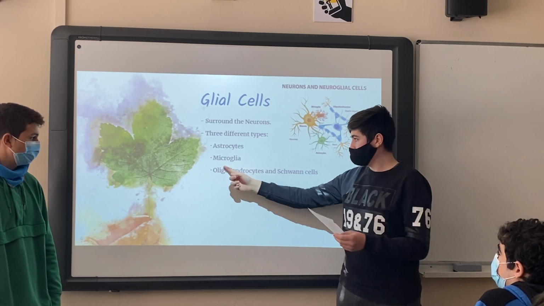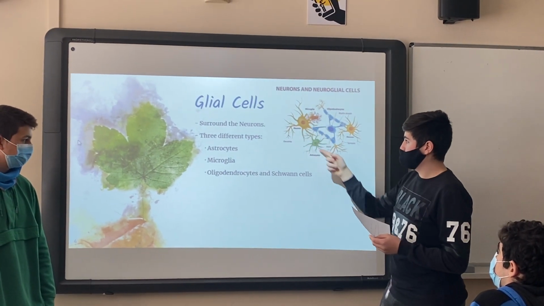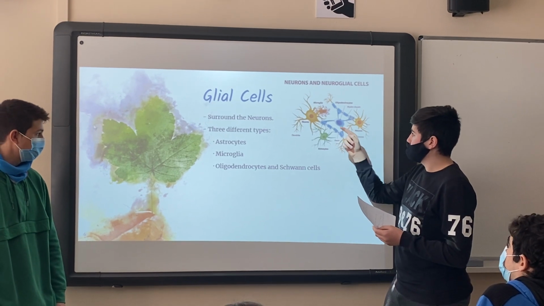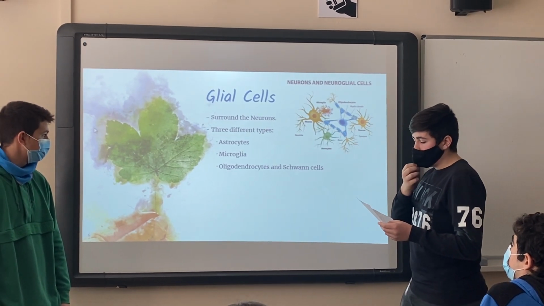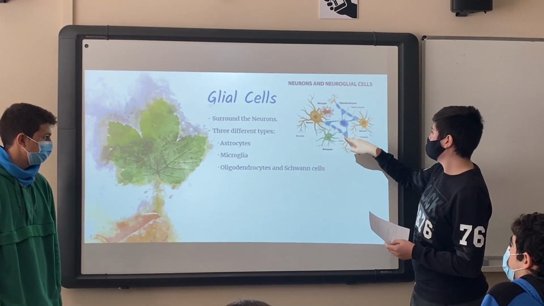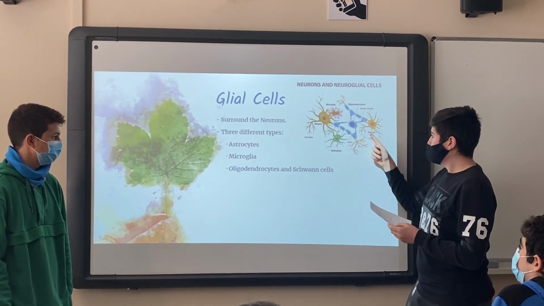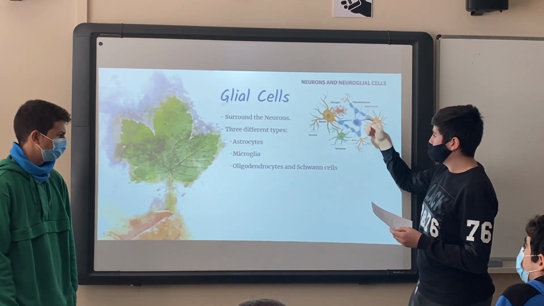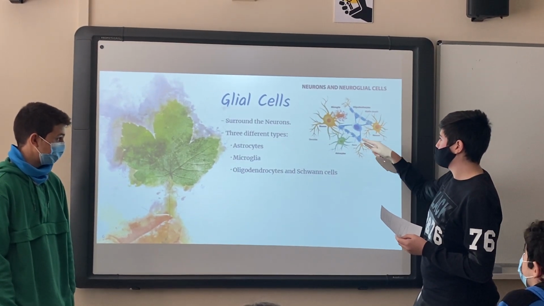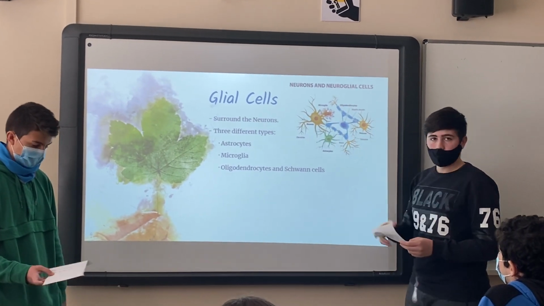Then we have the microglia, whose function is to remove every waste that is produced, and the oligodendrocytes and Schwann cells. The Schwann cells are these small cells that are here, and the oligodendrocyte is this big cell that helps the transmission of information through every neuron.